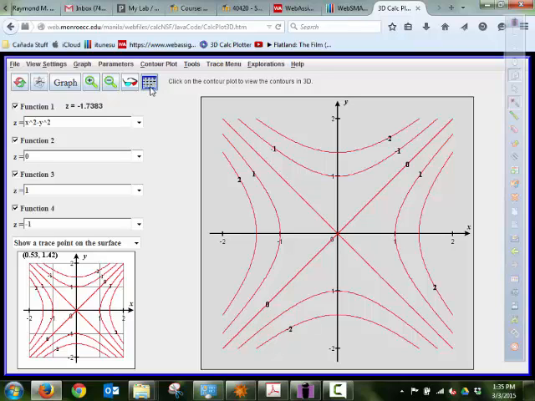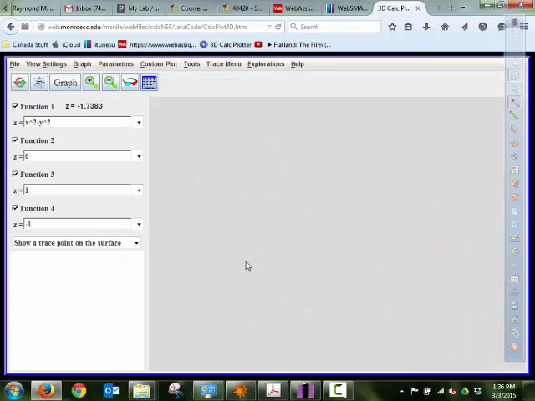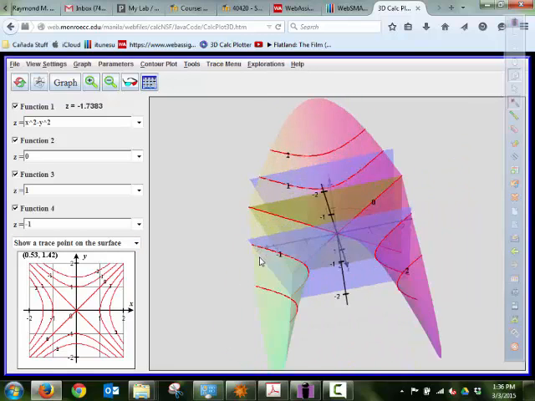You can do that too, but I wanted to get a three-dimensional picture and at the same time see the contour on the side here. This one? It shows some other stuff that we're going to study later on. Oh, there it goes.